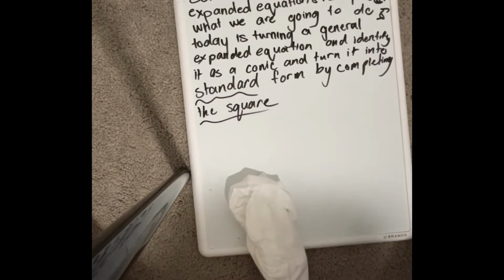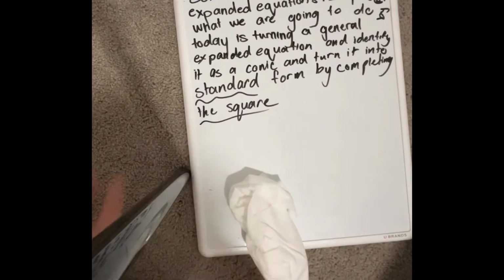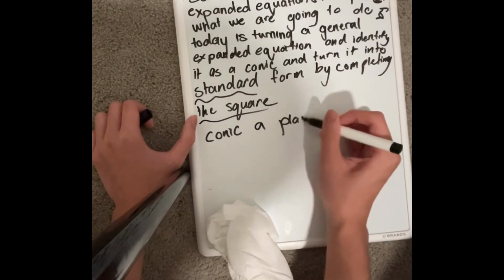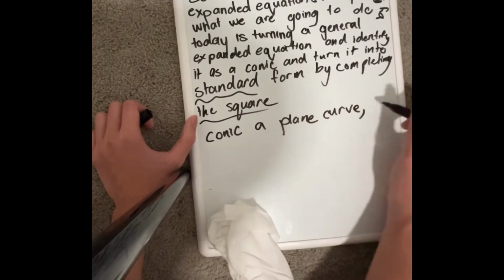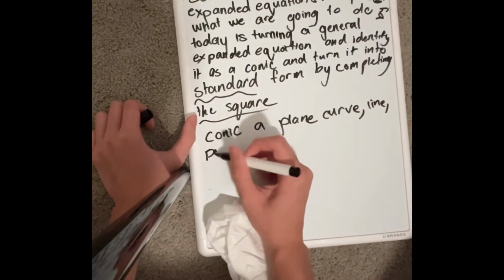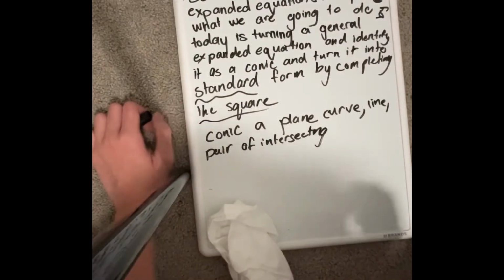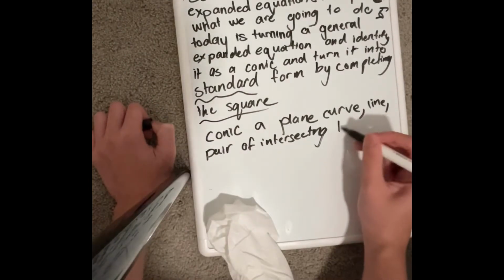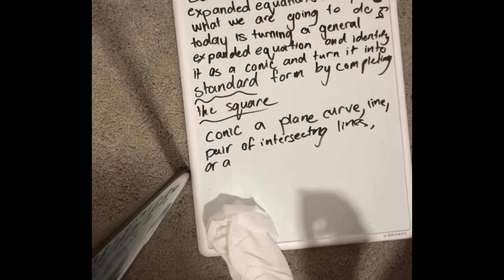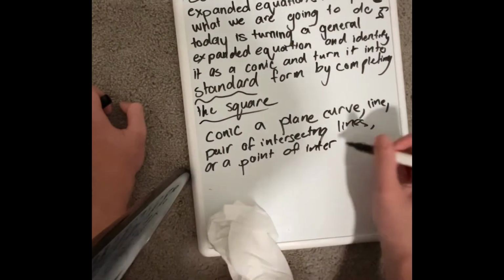First of all, a conic is a plane curve, a line, a pair of intersecting lines, or a point of intersection.